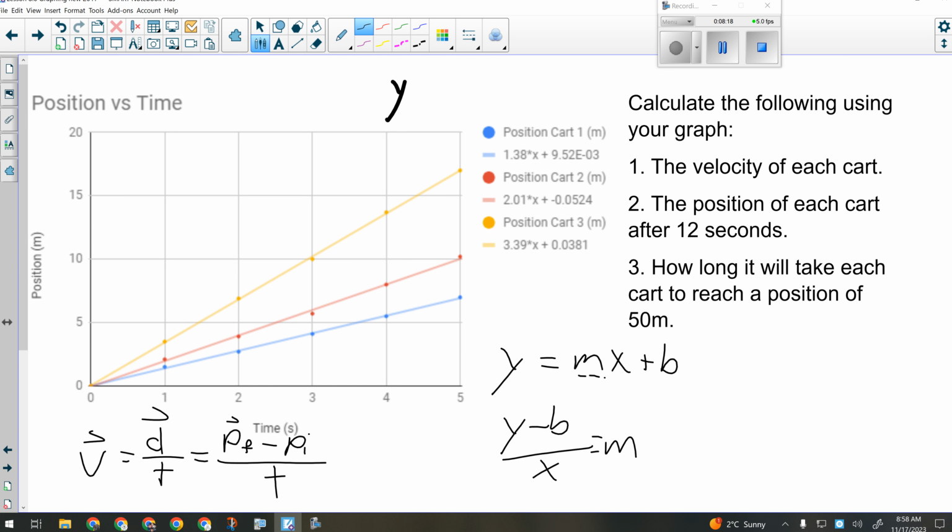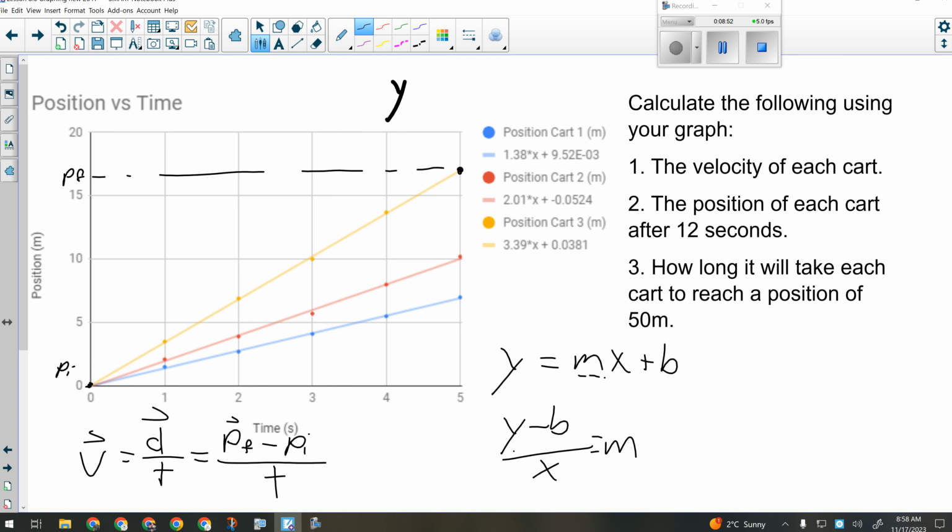So y in this formula would be my final position. b, which is my y-intercept, my position at time 0, would be my initial position. x is time. That's where that formula that we've been using for a week comes from. v equals d over t calculates the slope of the line on a position versus time graph.